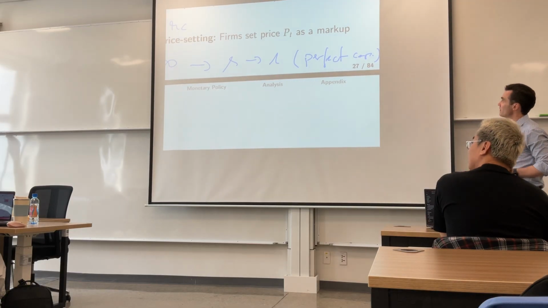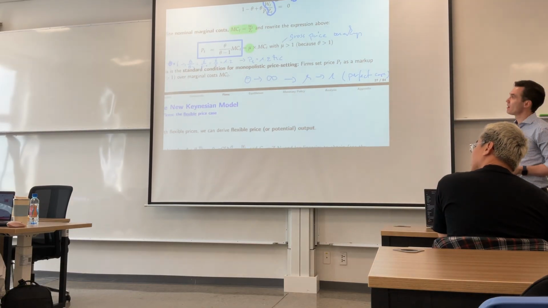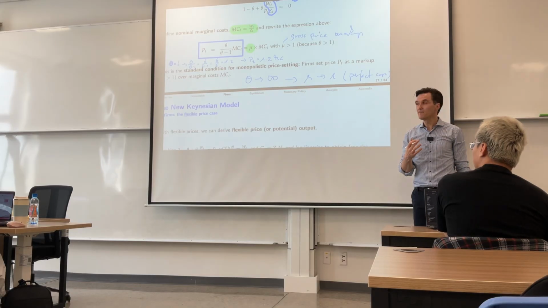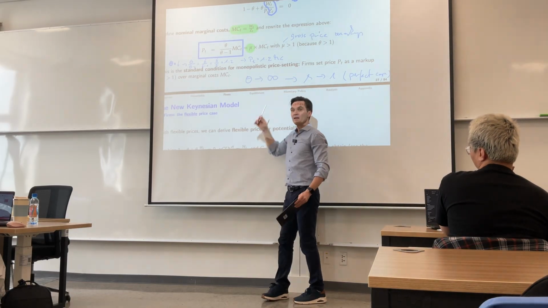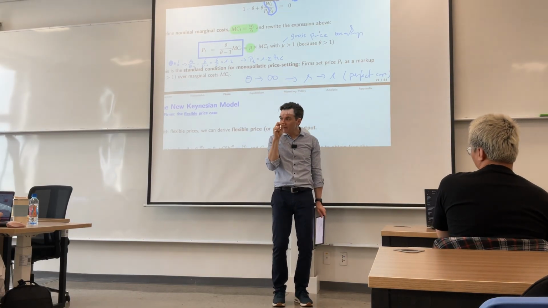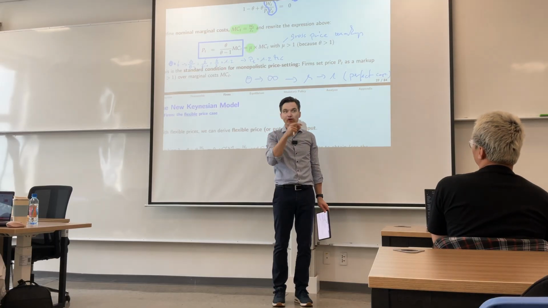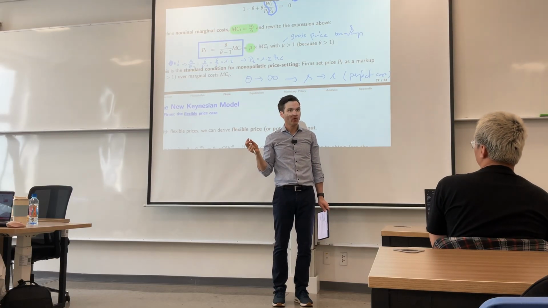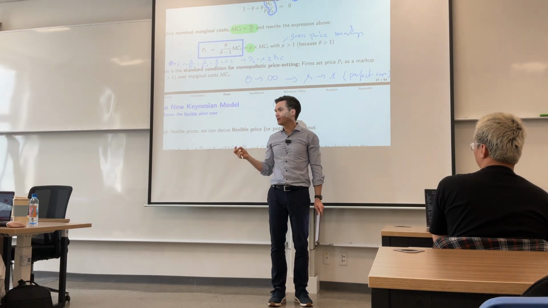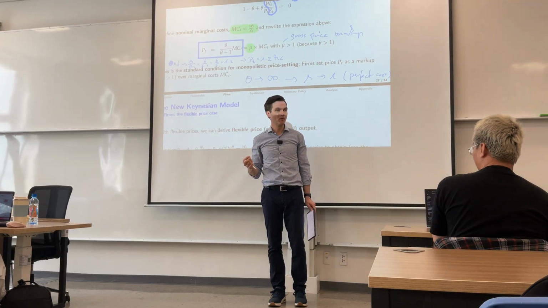That means that we have perfect competition. Prices are equal to marginal cost. Intuitively, if theta is infinity, then if the firm changes its price by a very small amount, the firm will not sell any quantity because the price is not equal to the perfect competition price.